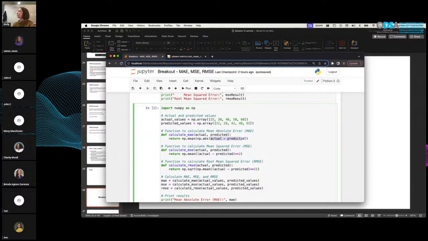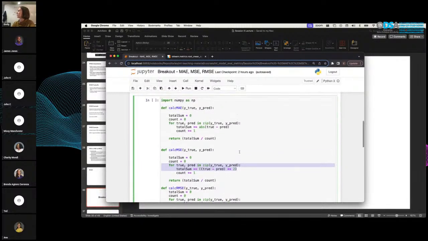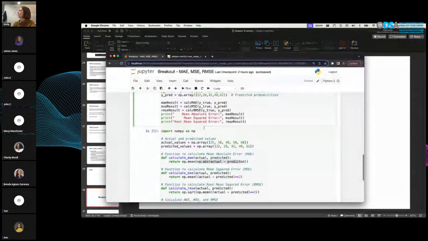So that actual minus predicted and calling absolute on that is the same exact thing that John was doing. For true pred, zip them together. For each one, subtract them and then take the absolute value.